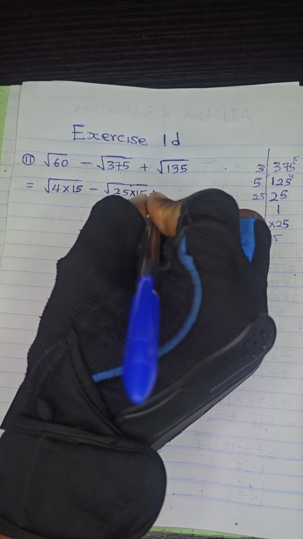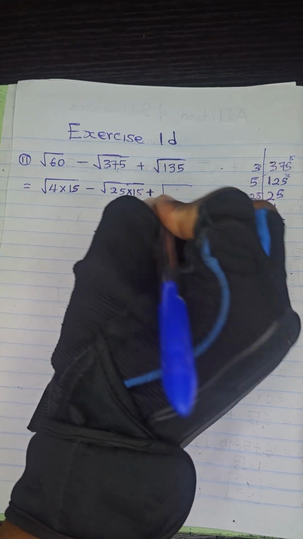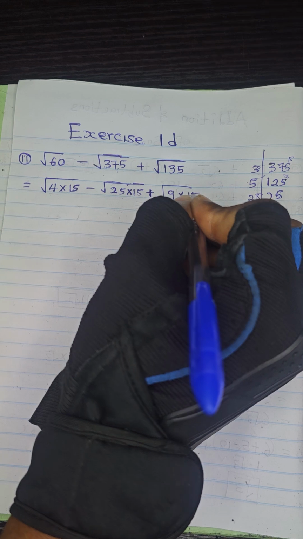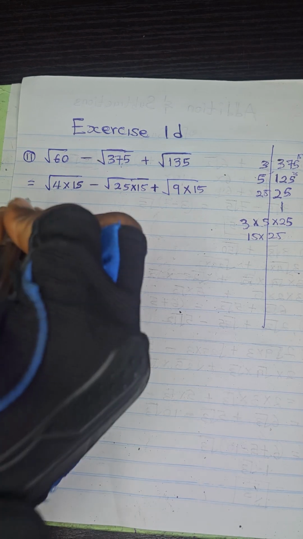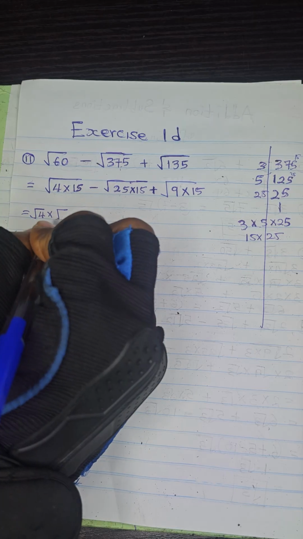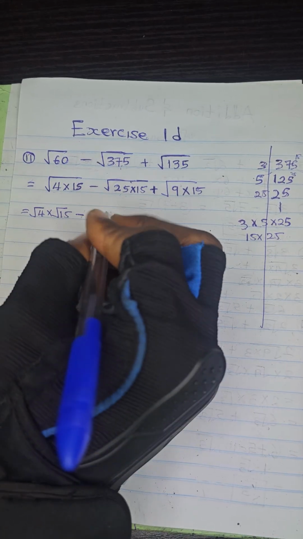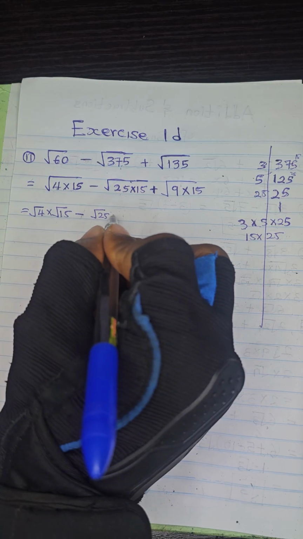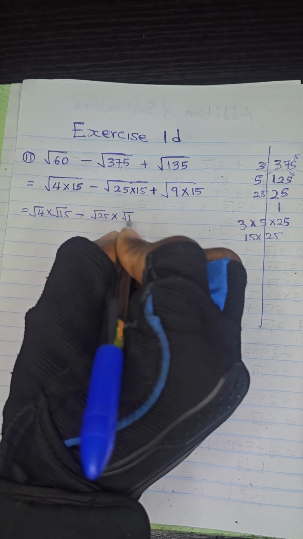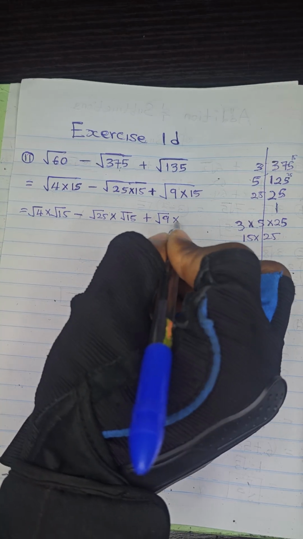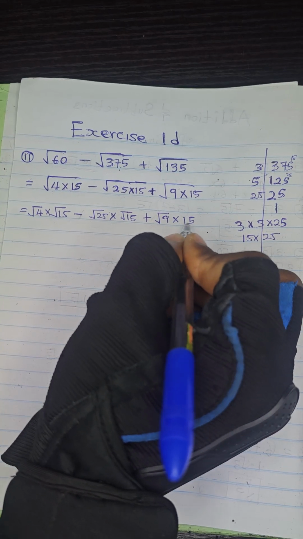So for the last one, 135 is the same thing as 9 multiplied by 15. So we have square root of 4 multiplied by square root of 15 minus square root of 25 multiplied by square root of 15 plus square root of 9 multiplied by square root of 15.